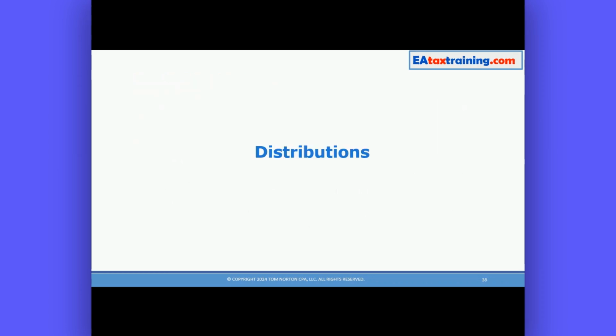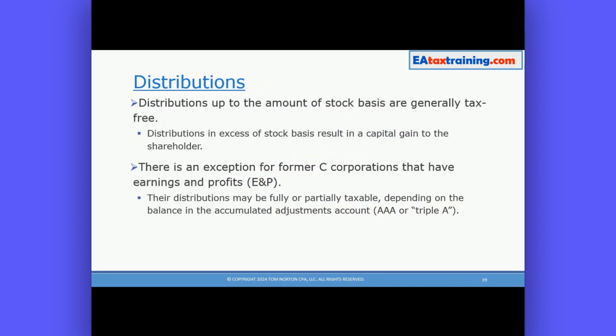Distributions. So now we're talking about distributions or dividends from the corporation to the shareholder. Distributions up to the amount of stock basis are generally tax-free. Distributions in excess of stock basis result in a capital gain to the shareholder. There is an exception for former C corporations that have earnings and profits.